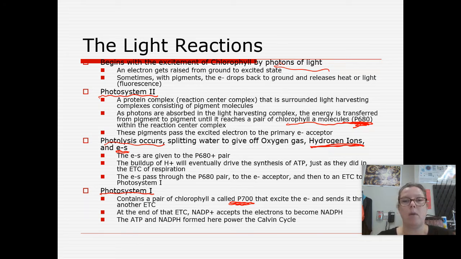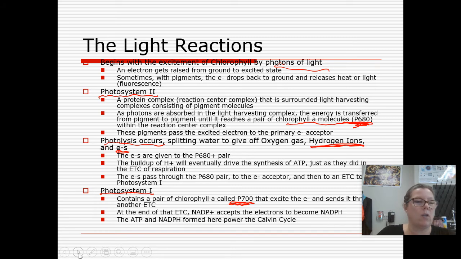And the P680 pair is always in an electron deficit, okay? Because when those electrons are passed to the P680 pair, they're going to get elevated to a higher energy state, and that's where you're going to get reduction and oxidation, okay? So they're going to reduce NADPH or something else, depending on whether you're talking about photosystem 2 or photosystem 1. But you're going to reduce NADPH at the very end.